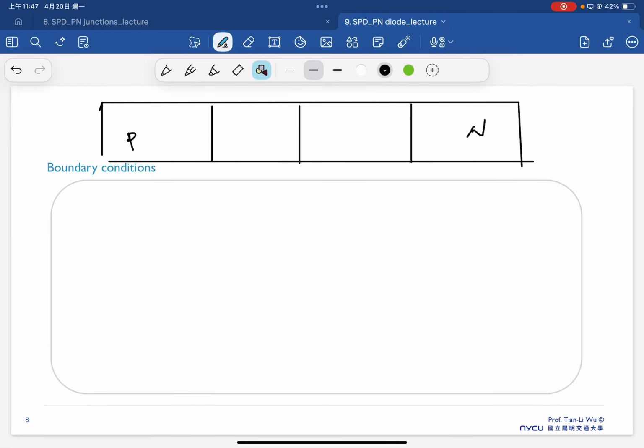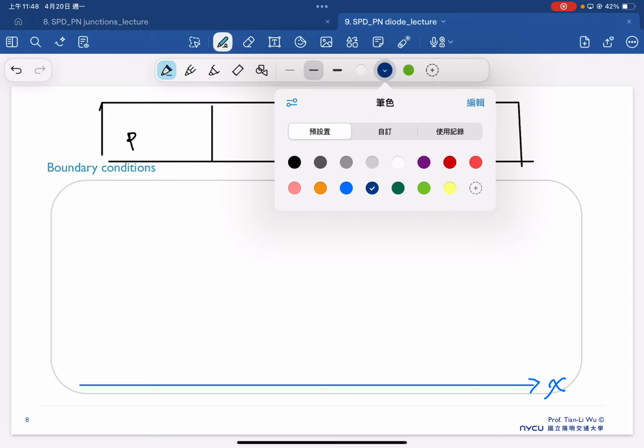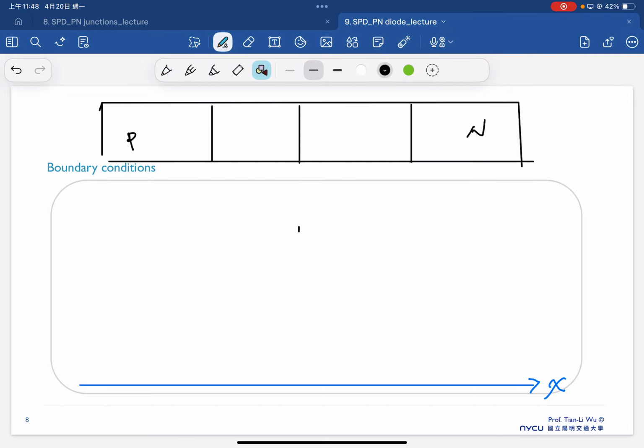We are interested in the X direction, along which we look at the minority carrier distribution, and we can create this graph step by step.